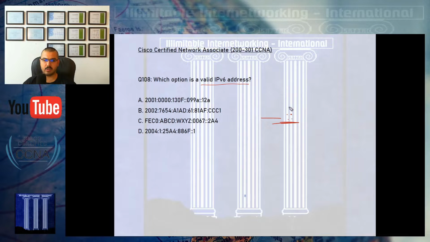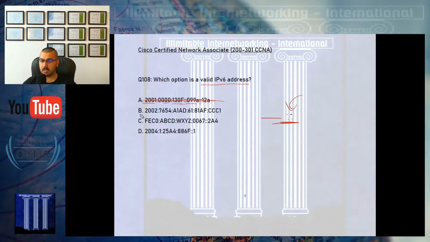Only a single double colon can be used in the entire IPv6 address. So A says 2001, colon, zeros, colon, 13OF, double colon, maybe some zeros here, and another double colon. Only a single double colon is allowed.